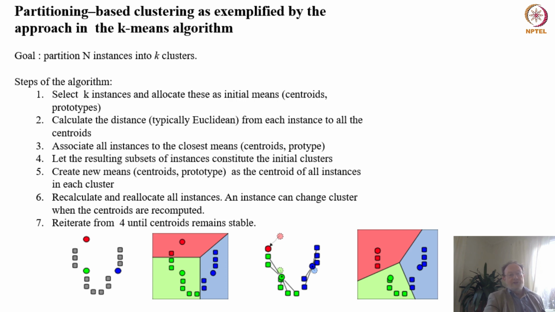Then all of this is iterated many times until we reach stability, in the sense that the centroids do not move between these iterations, and then the algorithm typically stops.